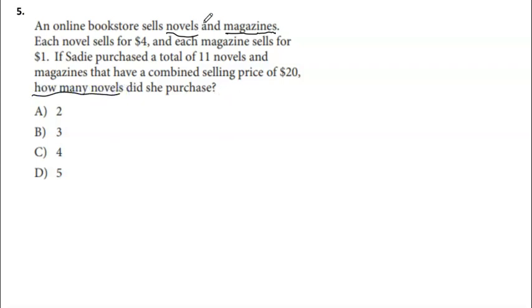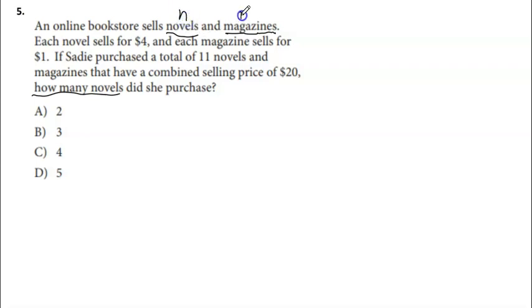So basically, we have to come up with a system of equations between the novels and the amount the person bought, right? So here we can come up with variables. We can say x and y, or normally I prefer to use the first letter of the items given. So here I will say, okay, the number of novels, let it be n.